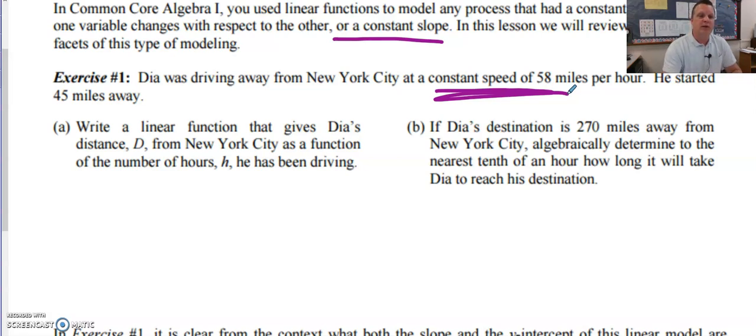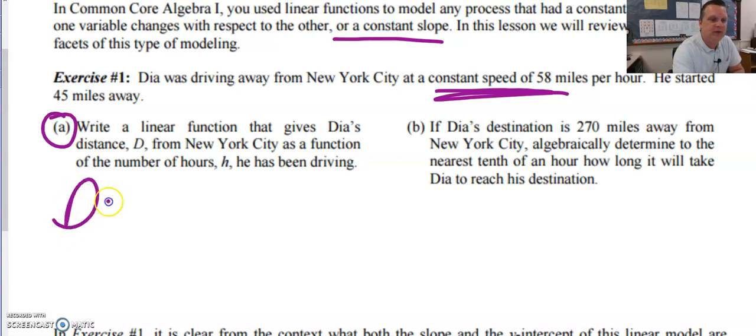All right, so we want to write a linear function that gives Dia's distance D from New York City as a function of the number of hours H he has been driving. So the key thing here is it's not always X's and Y's. If they tell you specific variables to use, you have to use the variables they give you. So the distance D, capital D, as a function of the number of hours he has been driving.